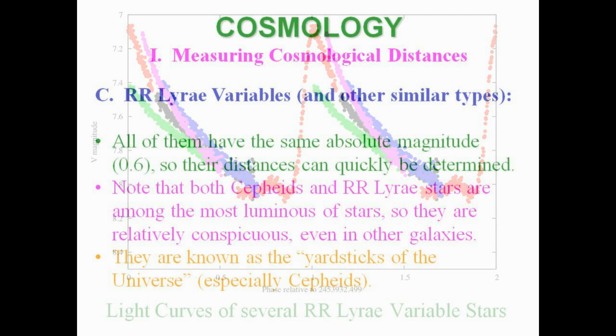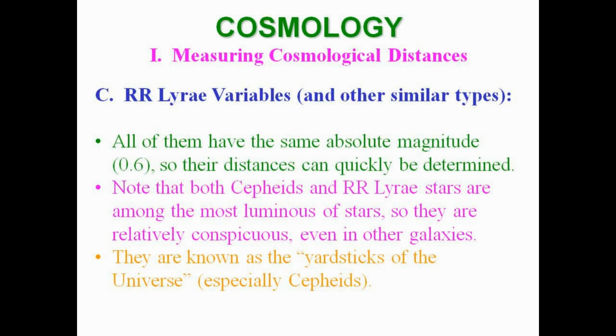And here's the thing, you don't need a period-luminosity curve for them because they're all the same luminosity. They all have the same absolute magnitude. So all you've got to do is find one of those, and if your previous measurements and estimates of their distance have been correct, you can estimate the distance to whatever galaxy that RR Lyrae variable is in. And so for that reason, the Cepheids and RR Lyraes are called the yardsticks of the universe.